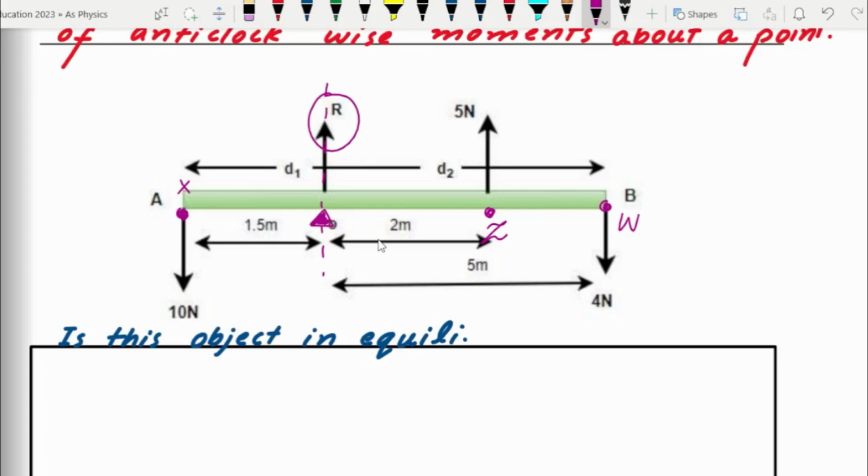This is precisely why we use this point as a pivot, so that this force does not produce any moment of force.